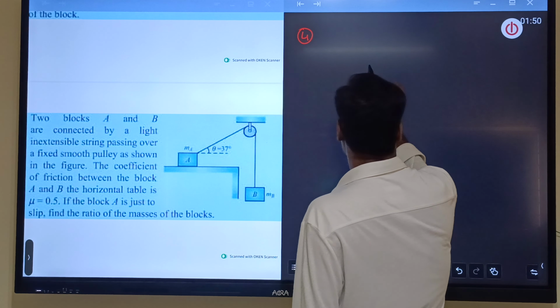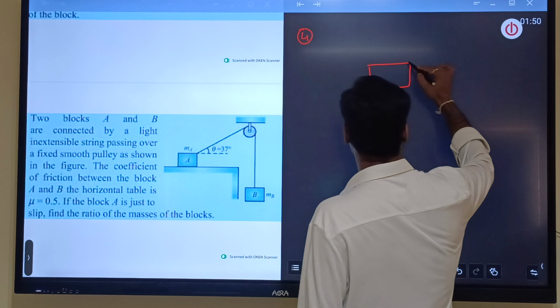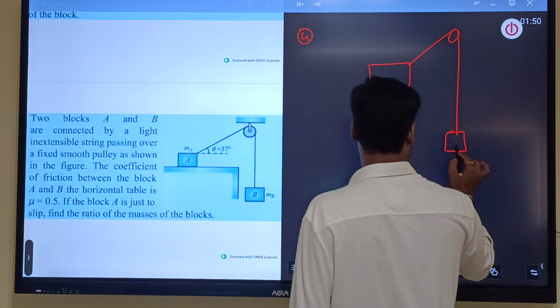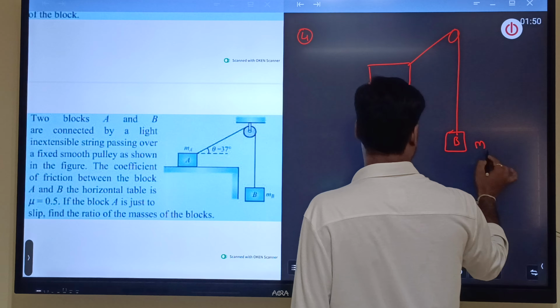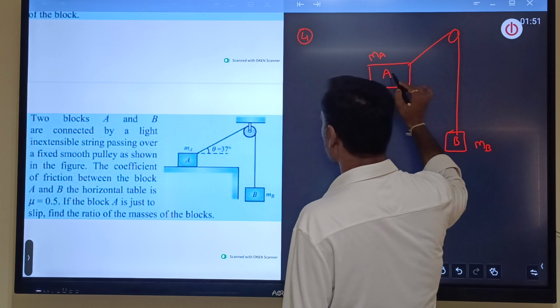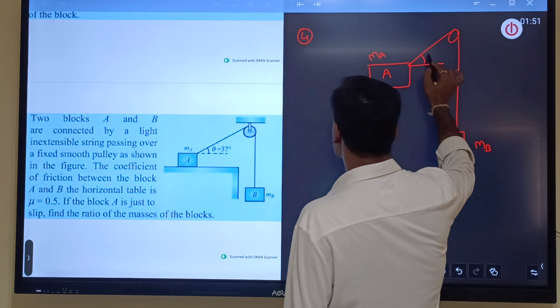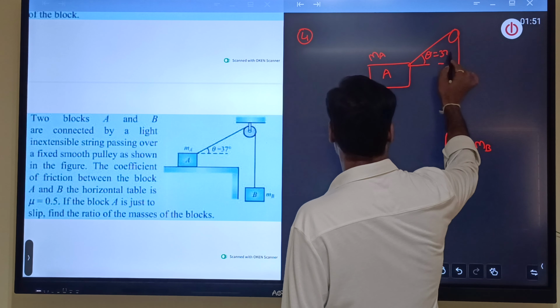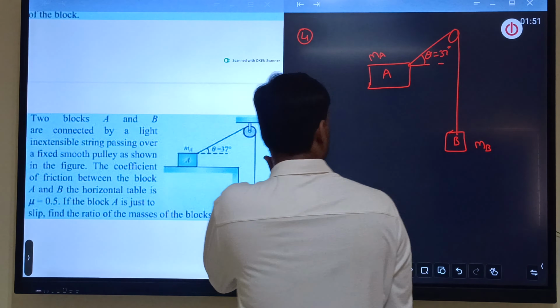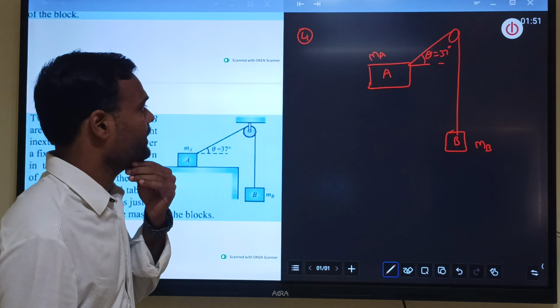See here, block B has mass mb, block A has mass ma, and theta is 37 degrees. We need to find the ratio of their masses.